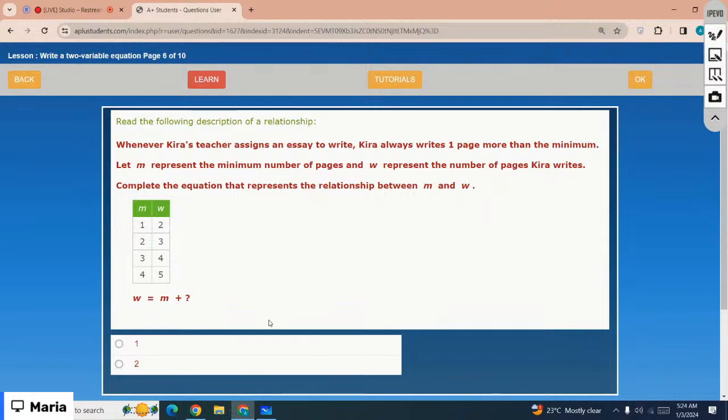That is M plus 1. 1 is the correct option.